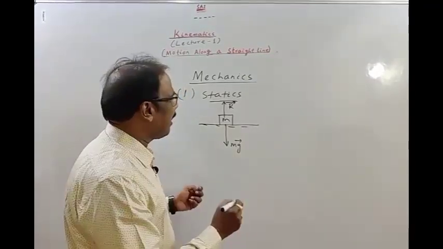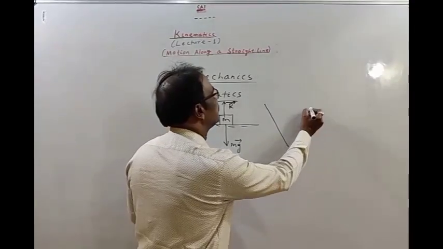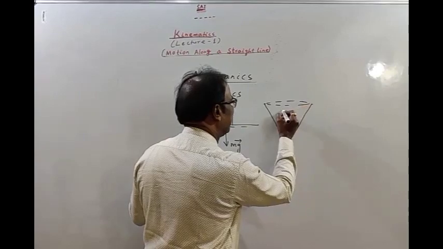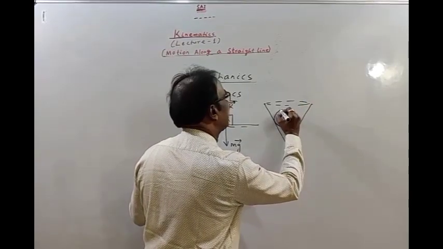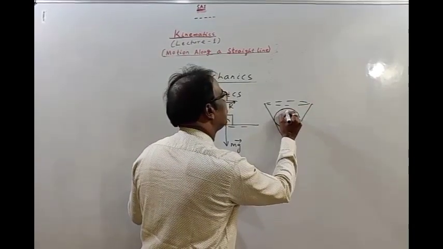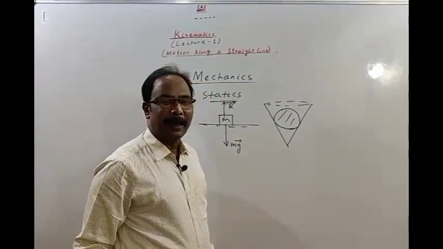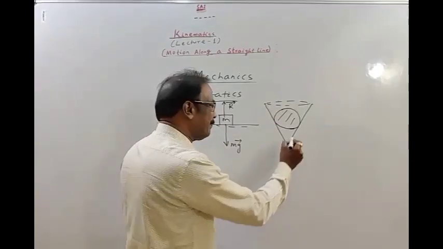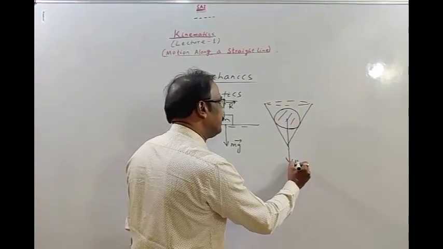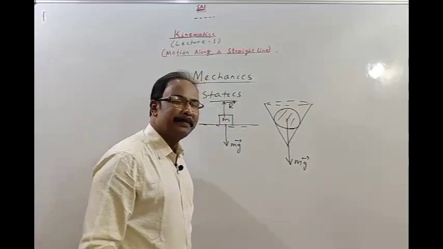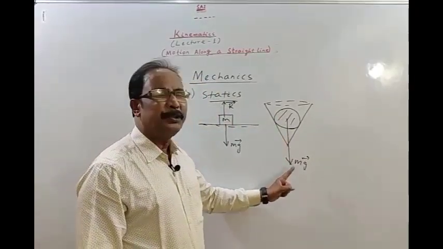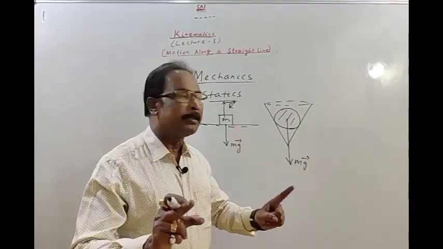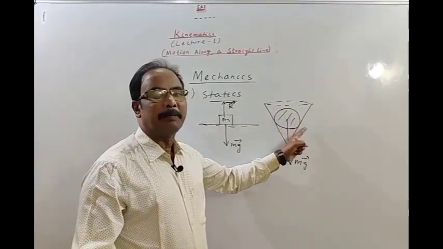Let's take another example. Suppose this is a conical container, and a small spherical body is resting in this conical container. Then how many forces are acting on the body? Number 1, the weight of the body obviously acts in the vertical downward direction, and this force due to weight is balanced by the normal reactions from the contact places.